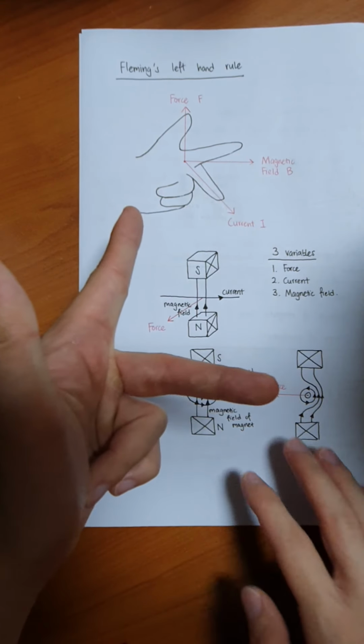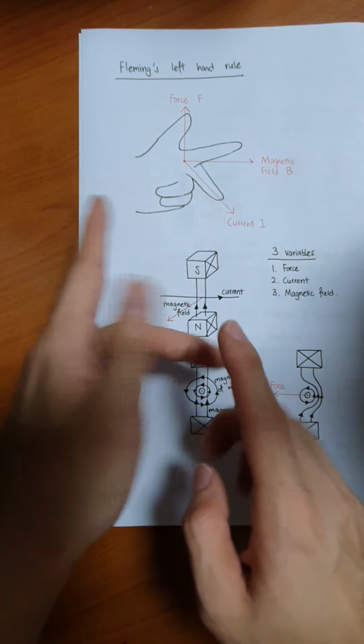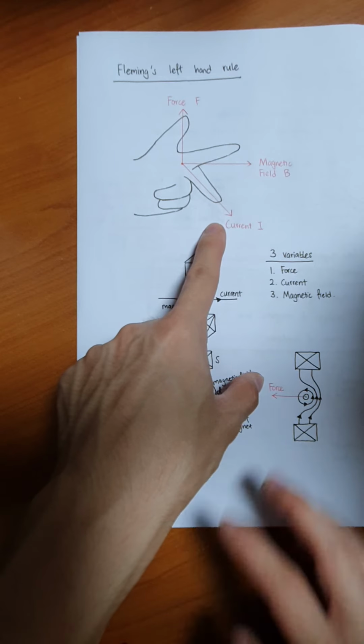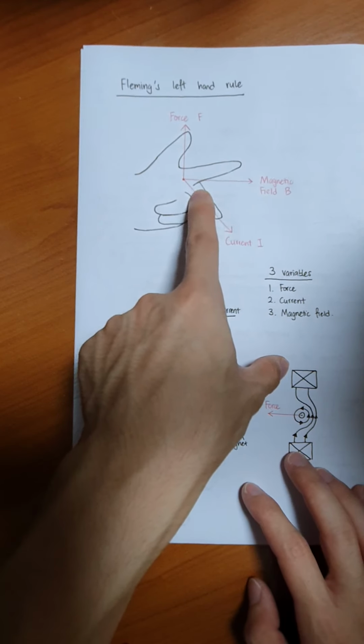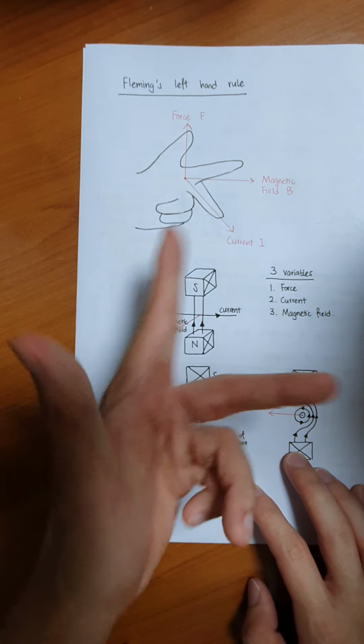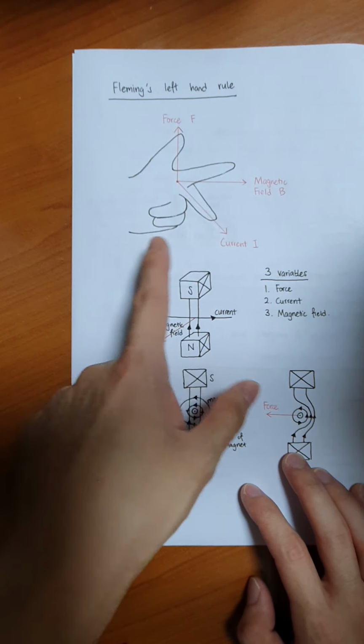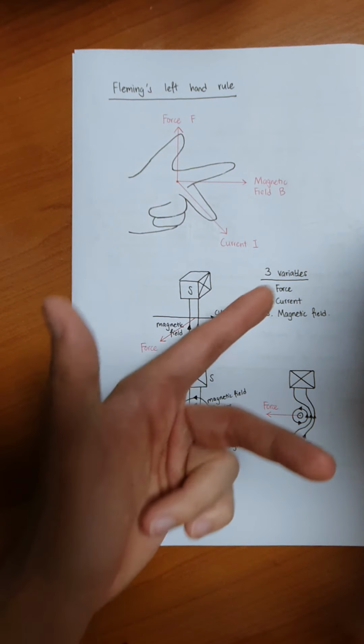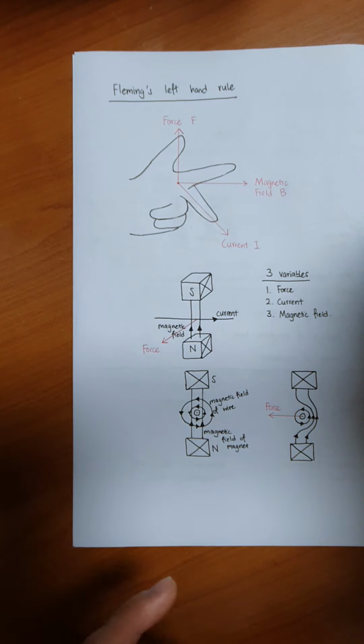So current is represented by your middle finger. Magnetic field is represented by your index finger. So basically magnetic field lines are represented by your index finger, and your thumb would tell you the direction of the force that is experienced by the conductor.